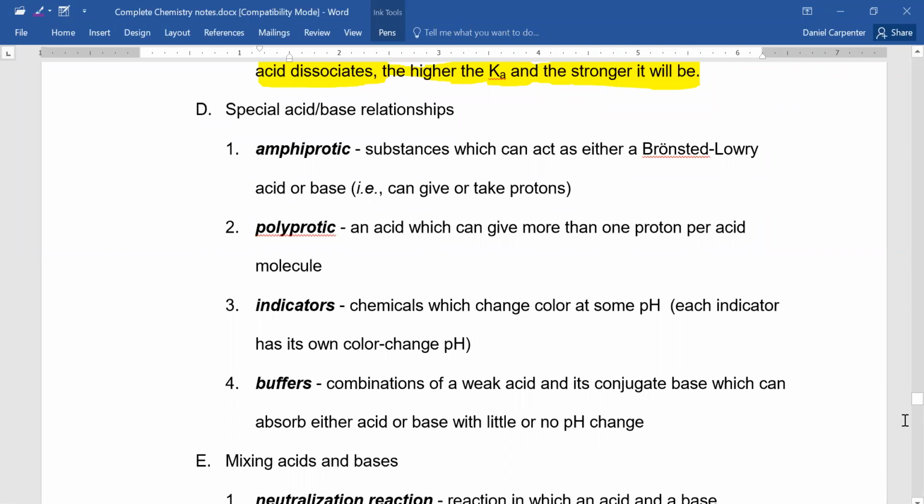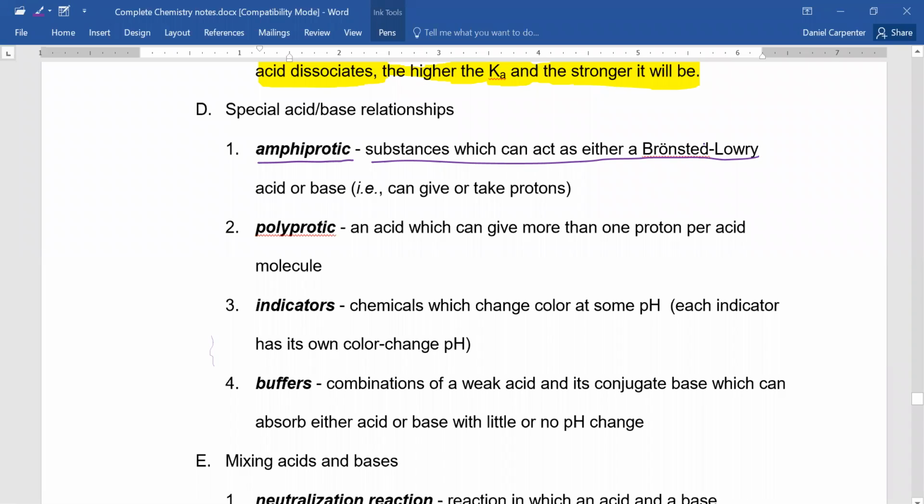Now, let's take a look at these four terms, and then that will be good for today. So we have these terms. Amphiprotic. Substances that can act as either a Bronsted-Lowry acid or base.